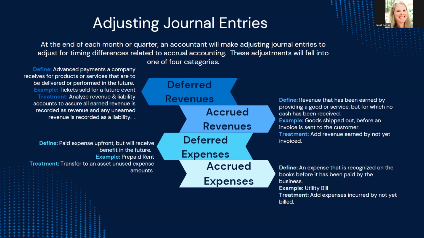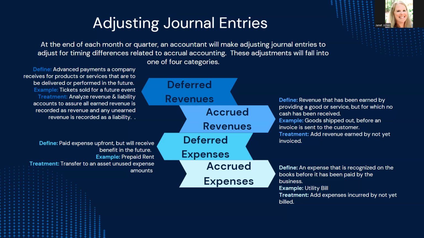If you pay 6 months of rent in advance, every month you're going to reclassify some of that prepaid rent from your asset into the expense category as we are using up that expense and using up that asset. The treatment here is we want to transfer the expense that's been used up from that asset account into the expense. And then lastly, we have our accrued expenses.